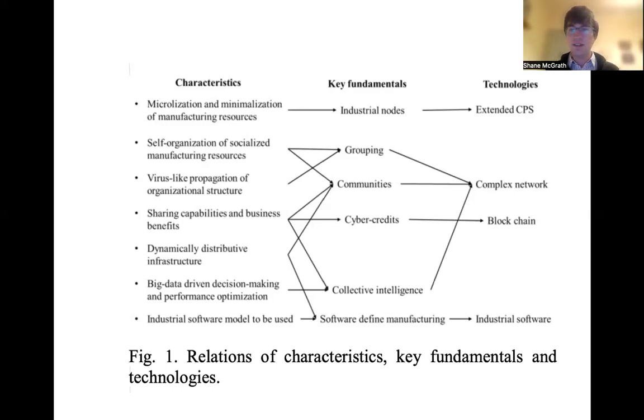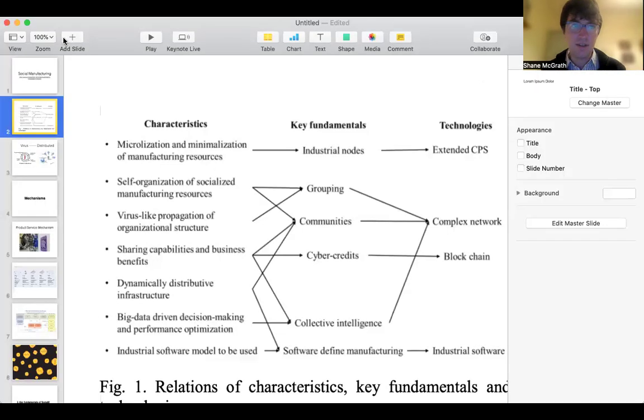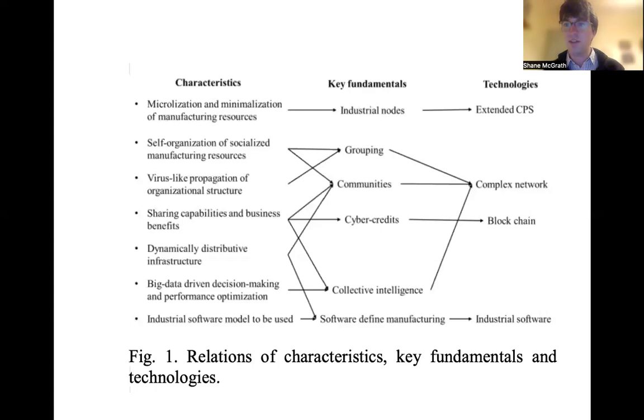Social manufacturing has seven key characteristics, and they're listed here: microization, minimization of manufacturing resources, industrial nodes, extended CPS, that is a cyber physical system. These are kind of digital twins.